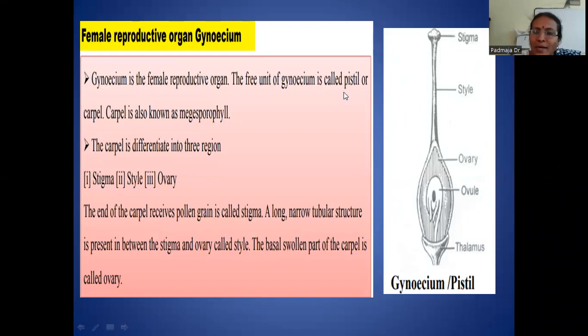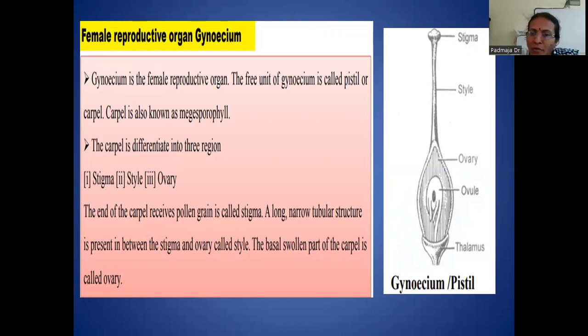It is also called the carpel. And what is meant by carpel? We already studied in the gymnosperms, in the lower plants, instead of reproductive organs, they are called microsporophylls and megasporophylls. Microsporophylls are known as androecium, megasporophylls are known as the gynoecium.